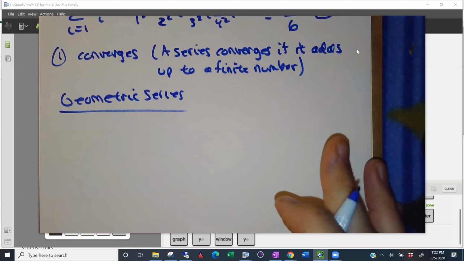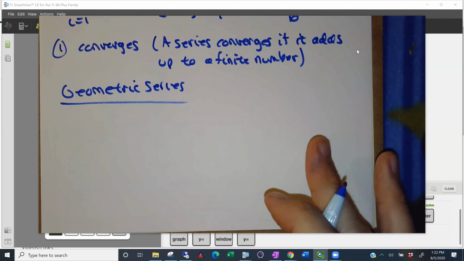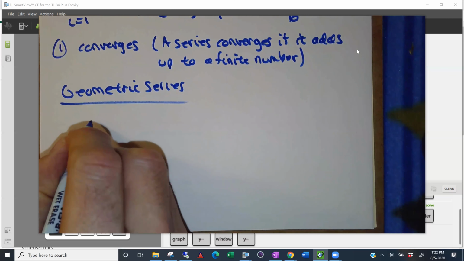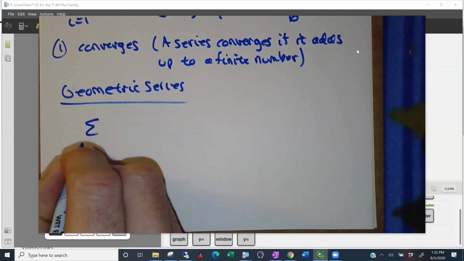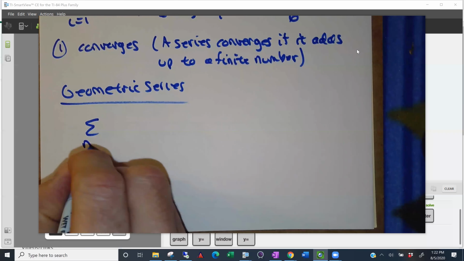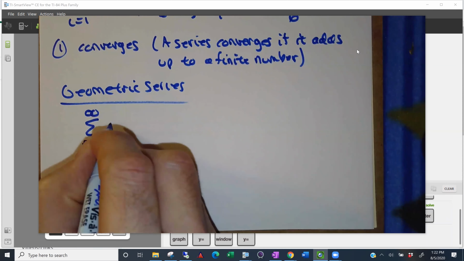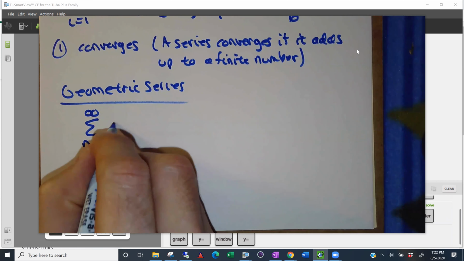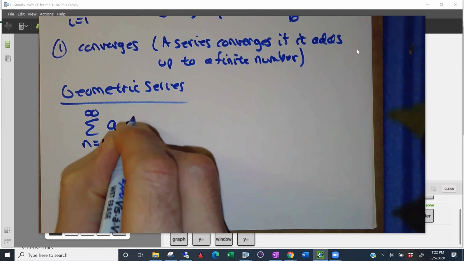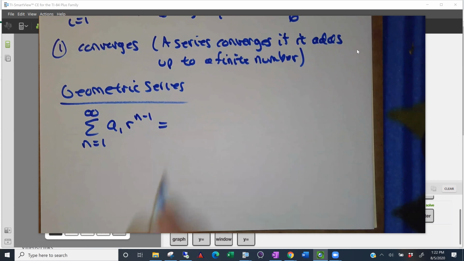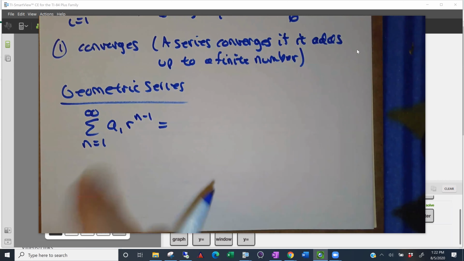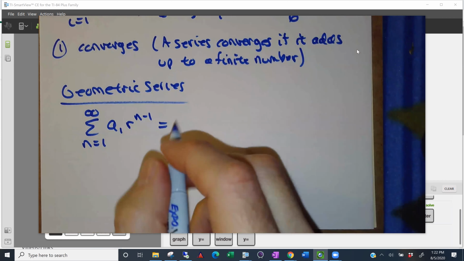We touched on this in section 11.1. Let me remind you of a geometric series. It would look like this: the sum from n equals 1 to infinity of a sub 1 times r to the n minus 1. Now, you don't have to put an a sub 1 here. I just do because of habit.